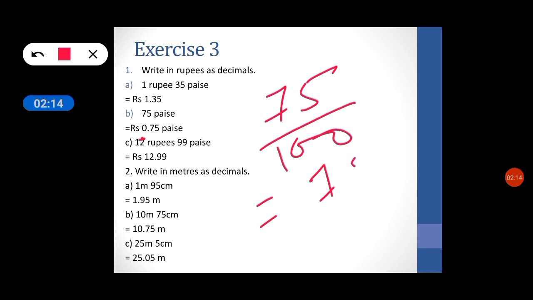Before two numbers you need to put a point. It is 0.75, as the whole number part is 0.